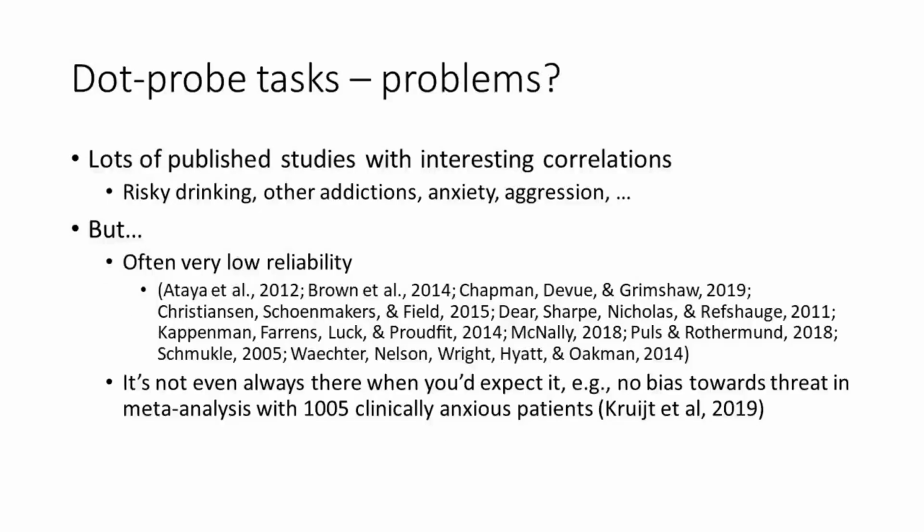This has been done in around 800 studies that I found on PubMed in a quick search, and it's been applied very widely, to risky drinking, anxiety, aggression, all sorts of things. However, there's apparently a problem, because more recently a lot of studies have come out that looked at the reliability of these bias scores, and it's extremely low.